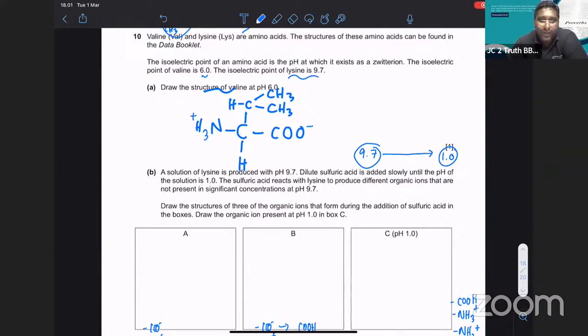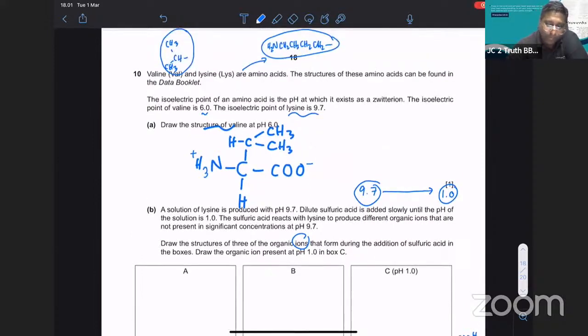Draw the structures of 3 organic ions that form during the addition of sulfuric acid in the boxes. Draw the organic ion present at pH 1 in box C. So if it is lysine alone, lysine is going to be all this here.